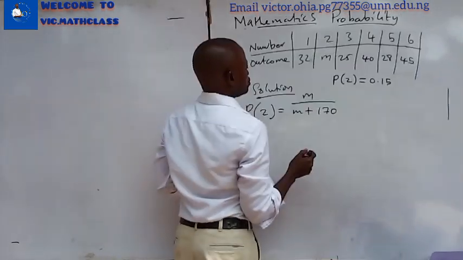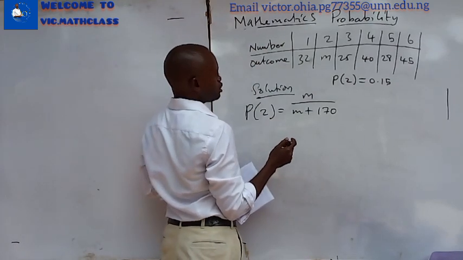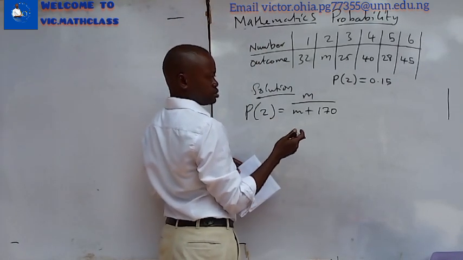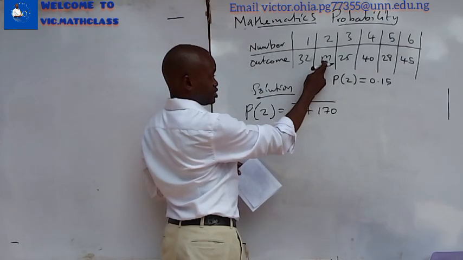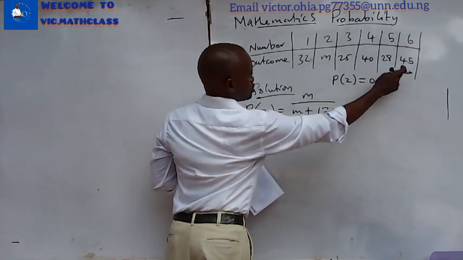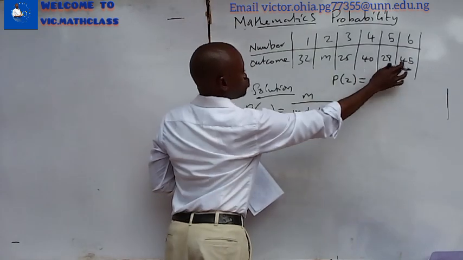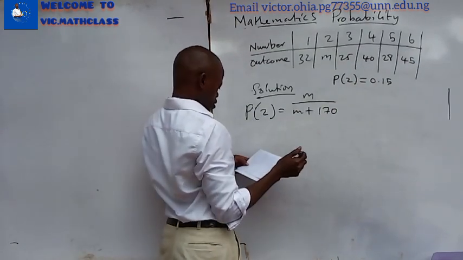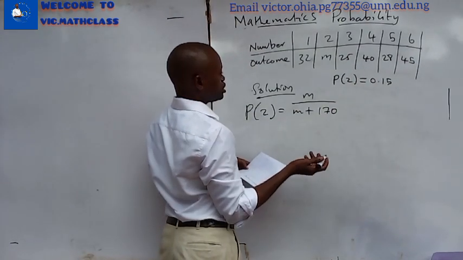So we know that the probability of an event is the number of required outcomes over the possible outcomes, which is the sample space. This is the frequency at which each one of them was occurring. So what next are we going to do?